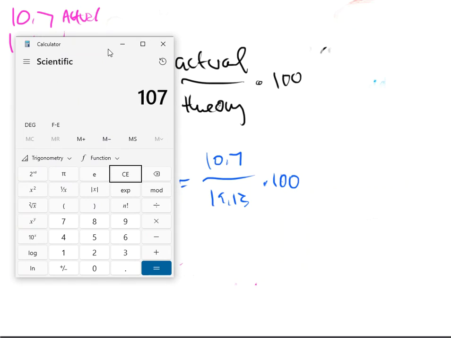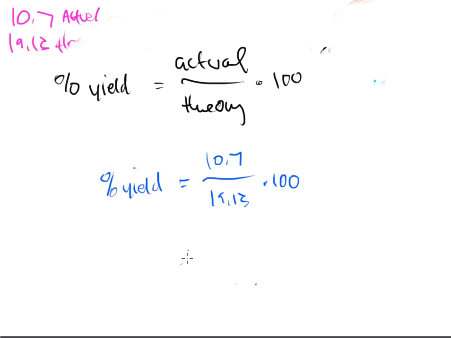So 10.7, and I need to make sure my decimal's there, divided by 19.13. And then I'm going to multiply by 100, because that's what it tells me to do, percentage. And I get 55.93. And that's my percent yield.